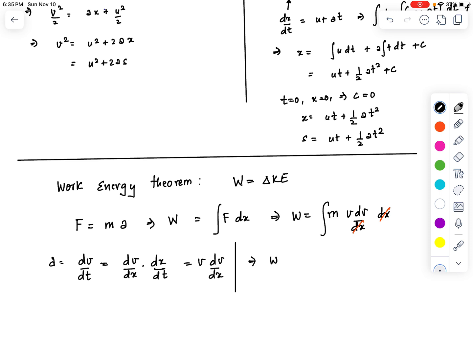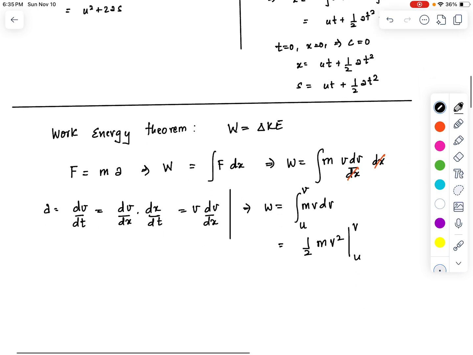Therefore the work done equals the integral of mv dv, right? And this integral has two limits. You start with an initial velocity and end up with a final velocity. This is half m v square between u and v, so it equals half m v square minus half m u square.